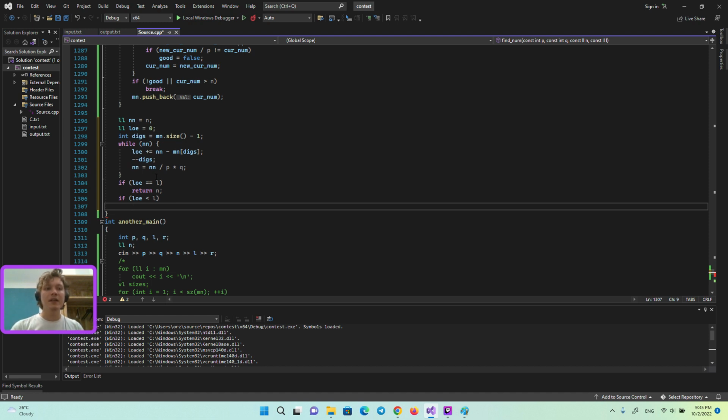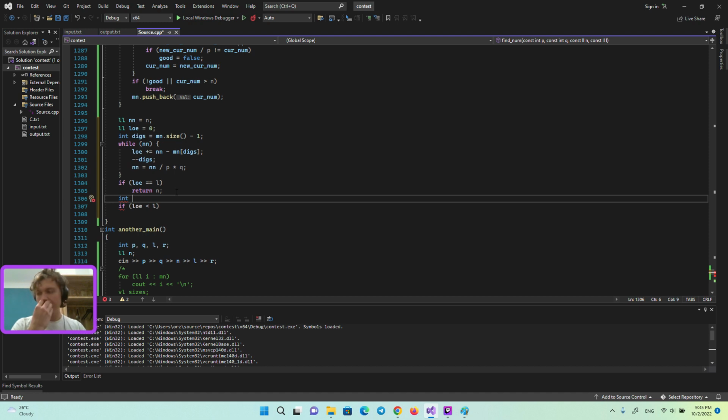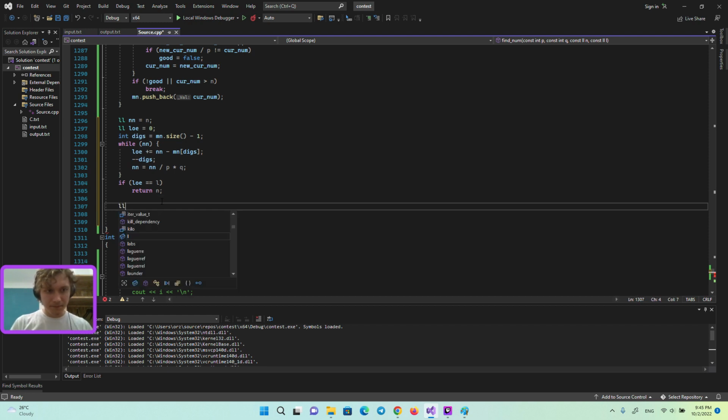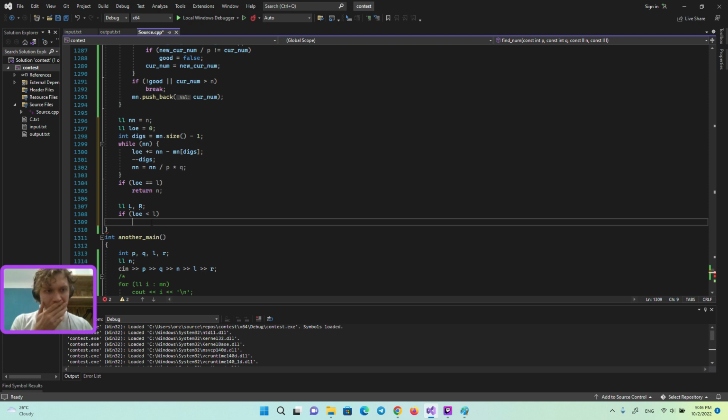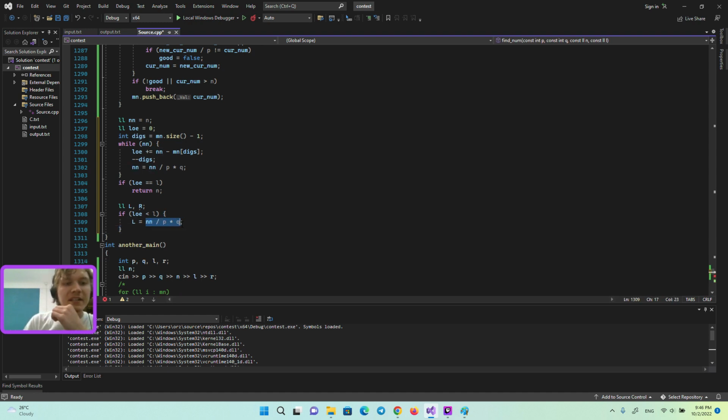So now I have to make a binary search from NN, L and R. So if it is small, then L equals this, so I try this and I know that this is too small.